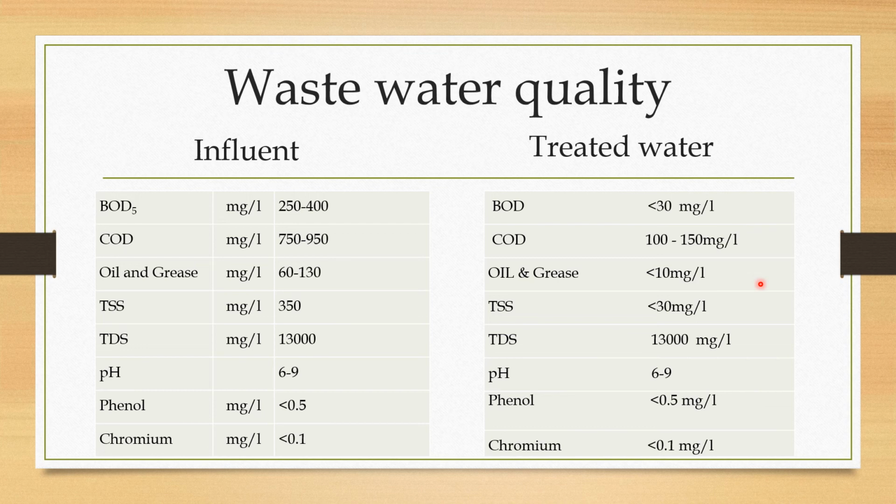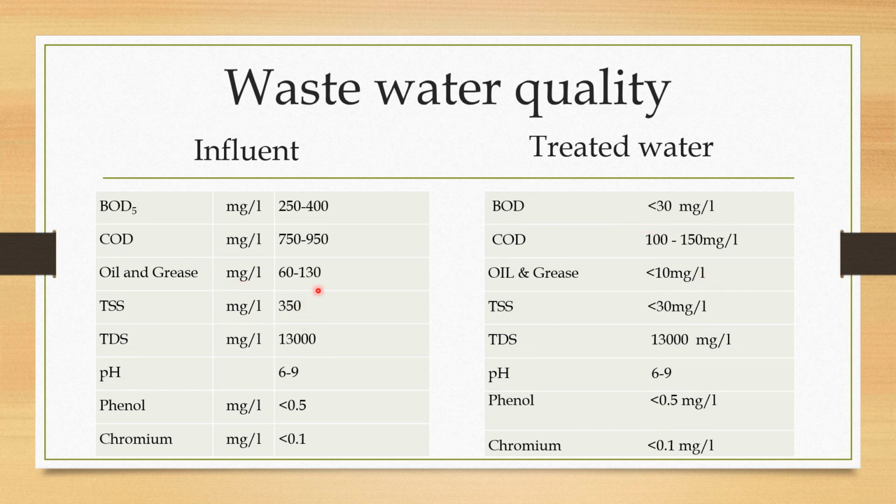If it is maintained around 180 to 250, then the BOD reduction, the efficiency of the plant and the TSS reduction are achieved, and the efficiency is more. Also, the F/M ratio is maintained between 0.05 to 0.1.